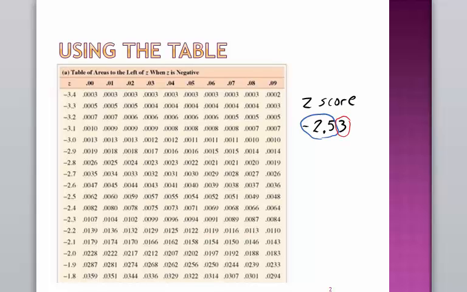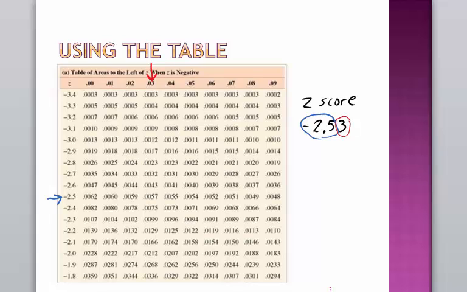So we're going to find the negative 2.5 down the first column of numbers, and we're going to mark that row. And then across the top, we're going to find the hundredths place digit, which is a 3. And so we're going to mark that column.